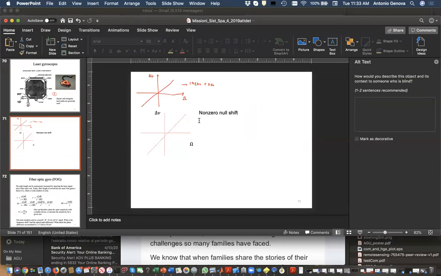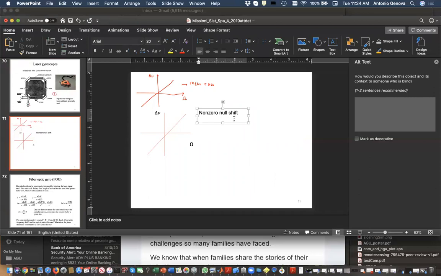So what happens here is that at a certain omega, you're not able to have any variation in your frequency. So this is given, as I said, to refractive index issues.